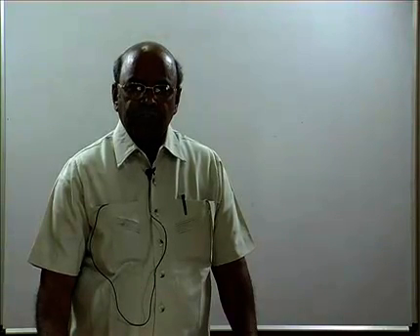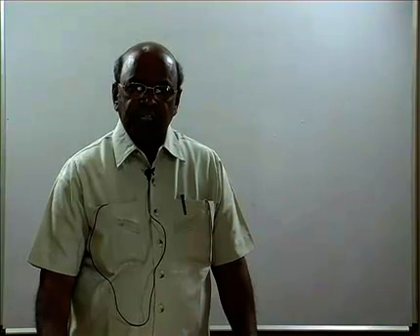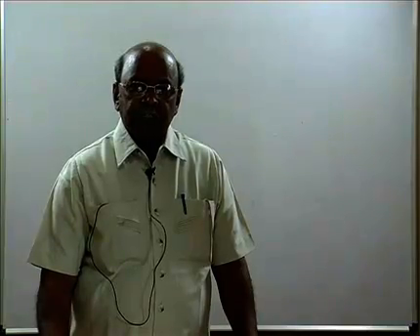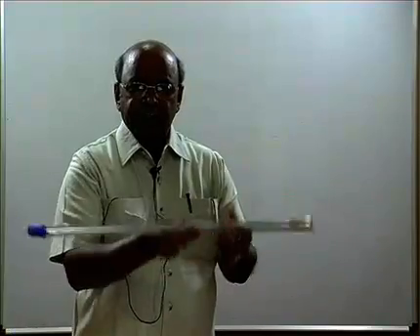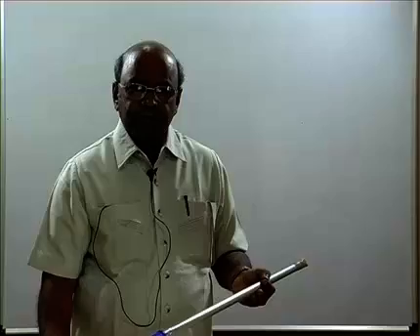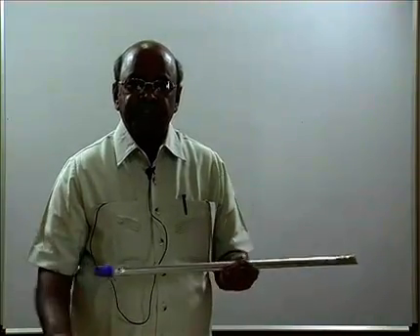So you have to draw the XY line, then draw 2 projectors for the 2 ends of the straight line, and on that you mark whatever may be the height of the straight line above HP, in the front view here and here. Since it is parallel to HP, the height of both the points will be the same.